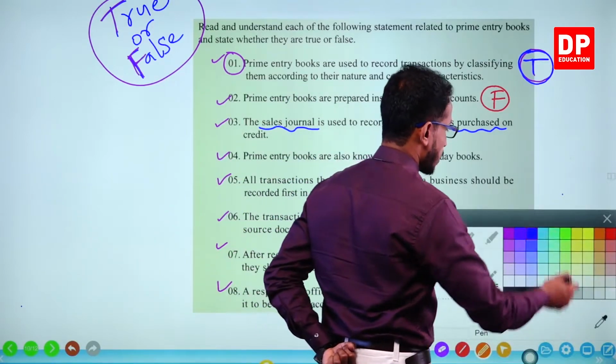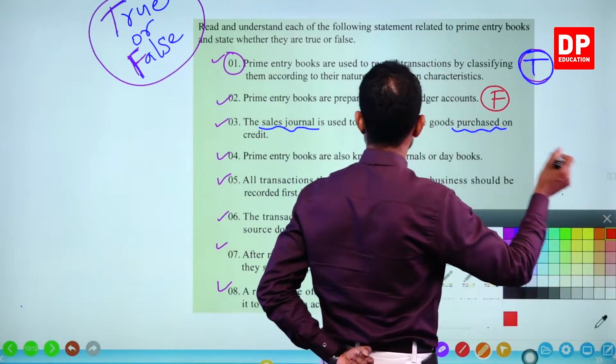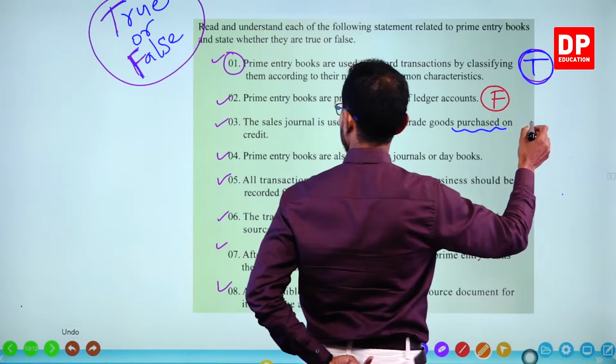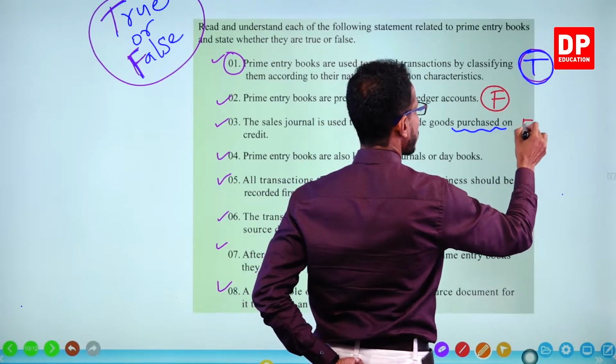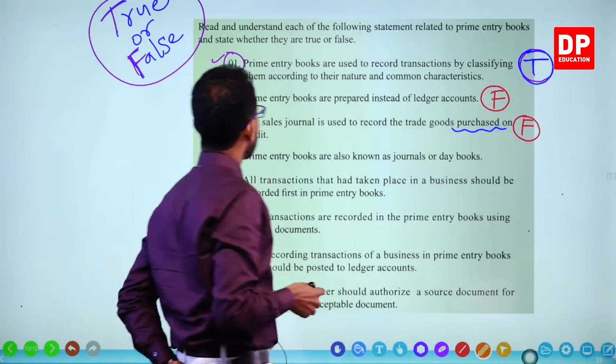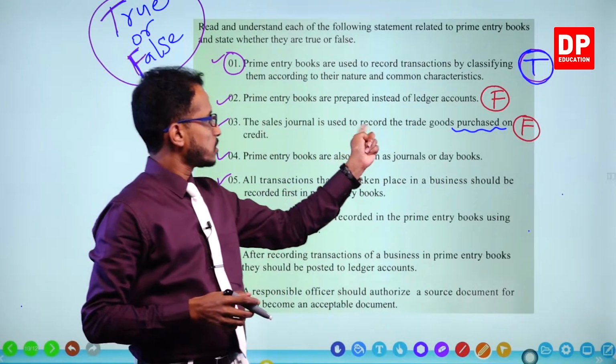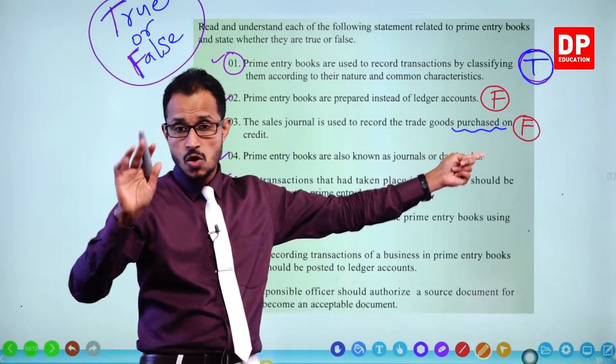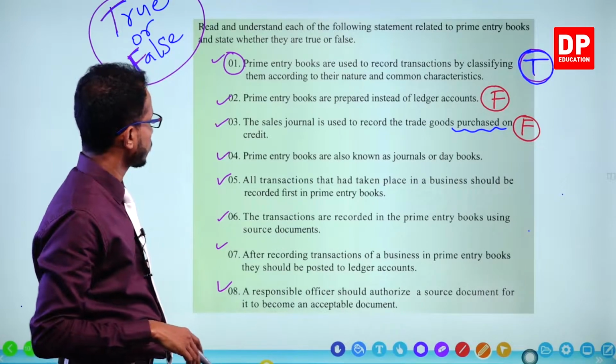So this is false. The sales journal is not used to record trading goods purchased. No, it's false. Next one.